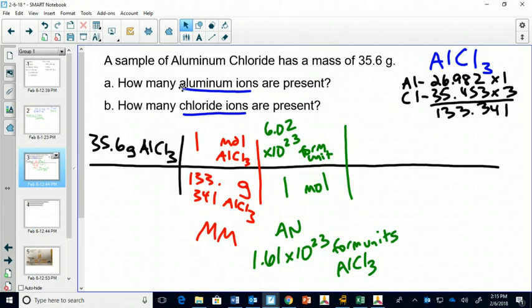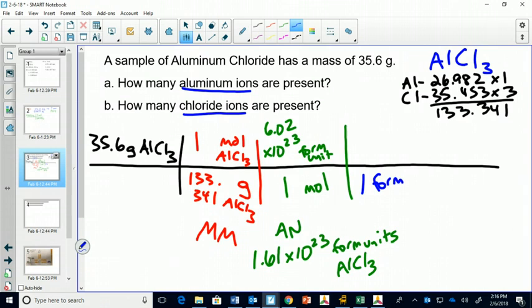Okay? So what this is saying here is that I've got this many formula units of the whole thing, but I just want aluminum, right? So therefore, I'm going to make another conversion that says 1 formula unit of AlCl3 equals how many ions of aluminum?